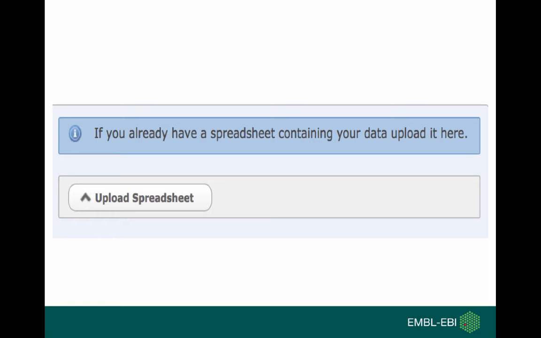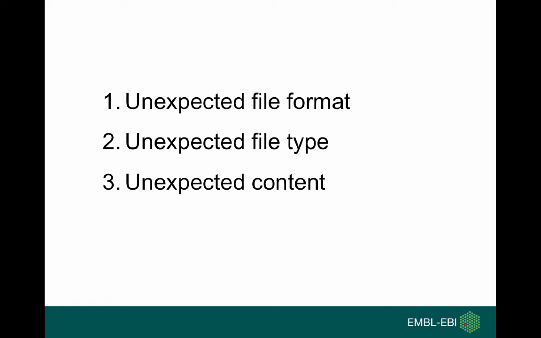When we looked at the screen in question, we saw there was simply a button named Upload Spreadsheet. There was no indication of what type of spreadsheet we were expecting. In Graylog, we were able to group failures into 3 categories: unexpected spreadsheet format, where submitters were uploading Excel instead of CSV; unexpected type of file, where submitters were uploading non-spreadsheet files.